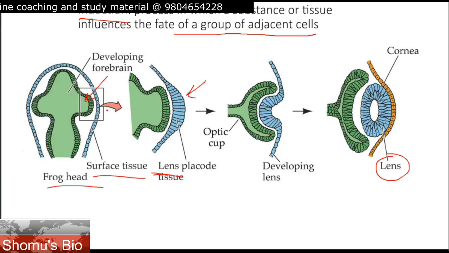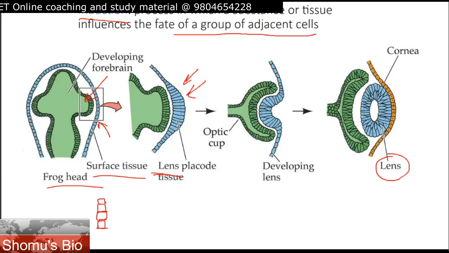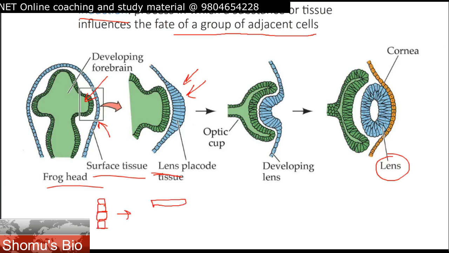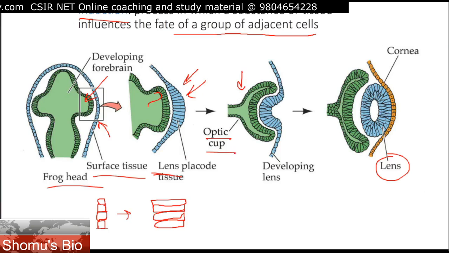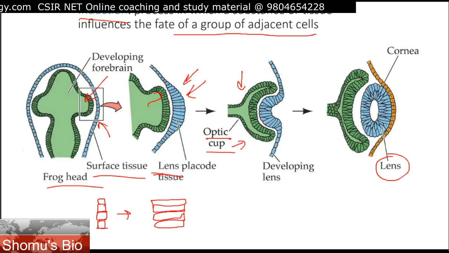And what kind of modification? If you look at this picture, the cell shape is changed. Earlier the cell shape was something like cuboidal, like this. Now the cell shape is elongated and straight, like this. Not only has the shape been altered, but as this lens placode starts to create an infold to form what is known as an optic cup, because it looks like a cup shaped structure.